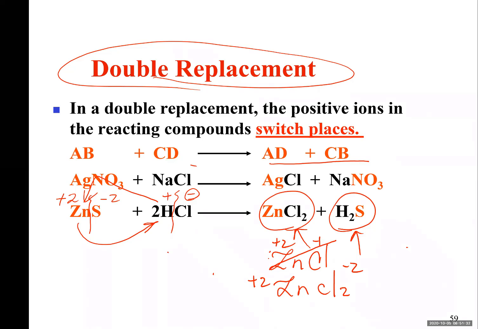They are not adding to be 0, so that's not correct. So when you do the switches in double replacement, just like single replacement, investigate the formula of the product, and make sure they follow the rules that charges must add up to be 0 in an ionic compound.